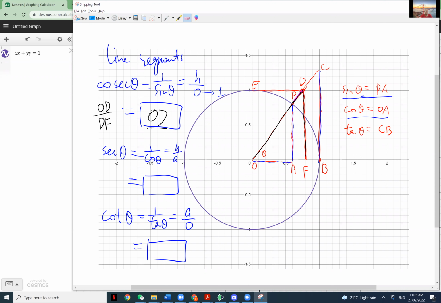Second is H over A. We try to make adjacent 1.